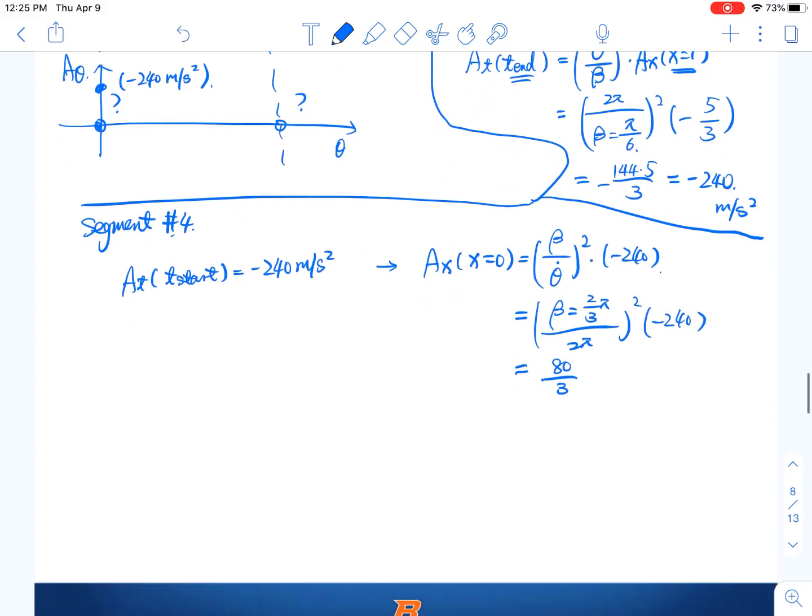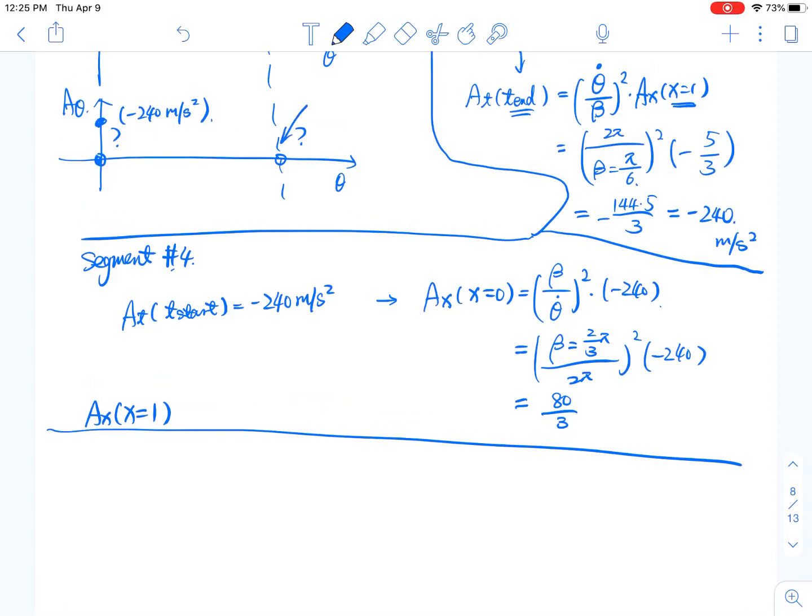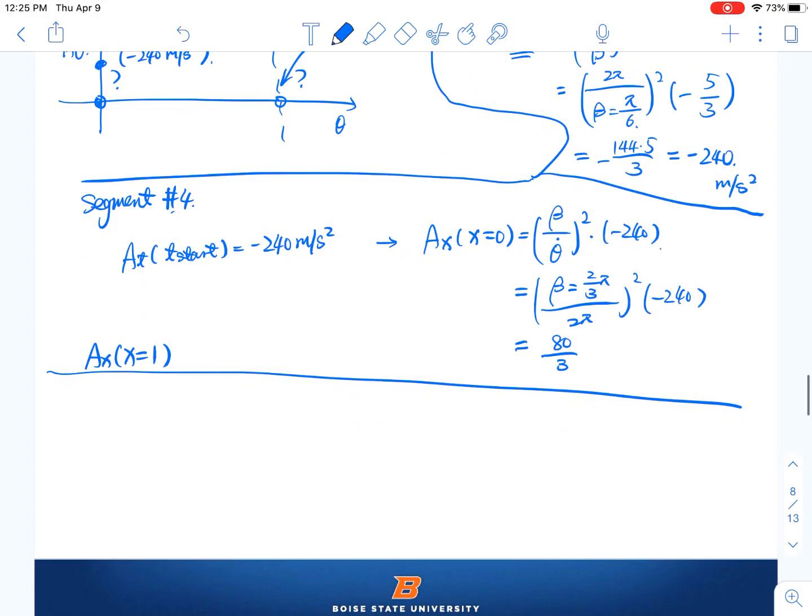You can do the same thing to find your ax at x equal to 1. You first need to find the acceleration here in time domain. So that's why you have to start from segment number 1.